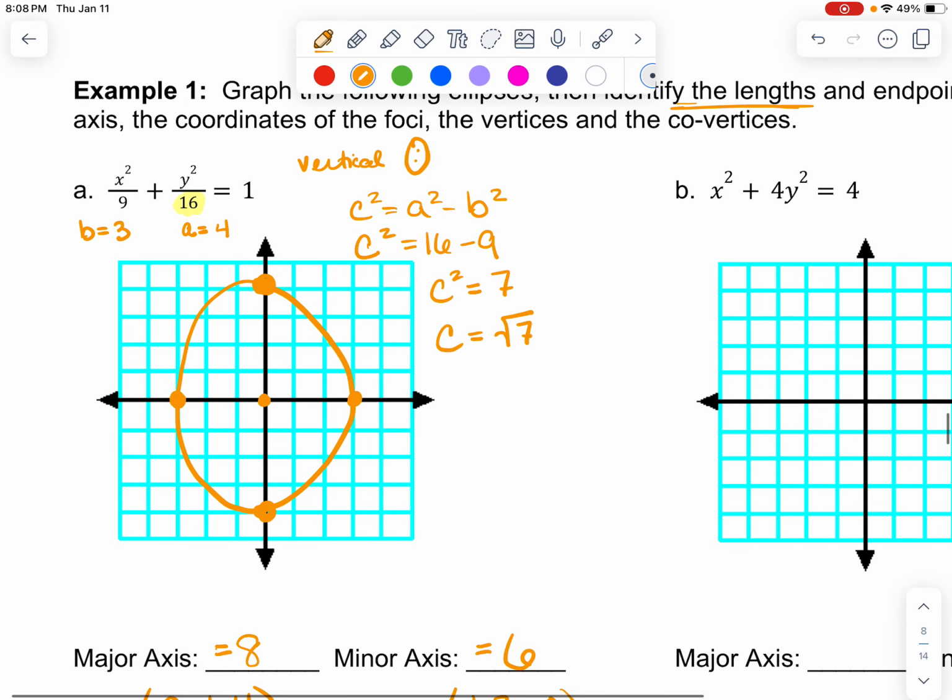Now, I don't know exactly what that is, but I also don't need to. I know that the square root of 7 is less than the square root of 9, which is 3, and more than the square root of 4, which is 2. So it's somewhere in between 2 and 3 units away. So I don't have to be super precise as long as I get it in between the proper two whole numbers. Those 2 points are my foci.